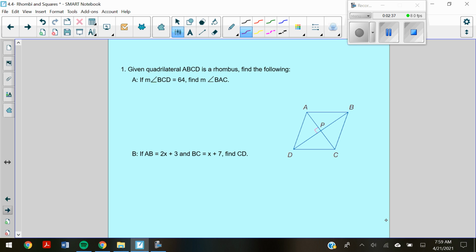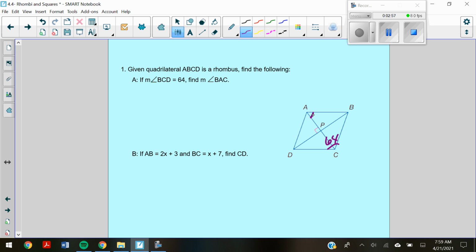The first one says if the measure of angle BCD, which is this angle, is 64, so that whole angle C is 64, find the measure of BAC. And so that's only half of this.